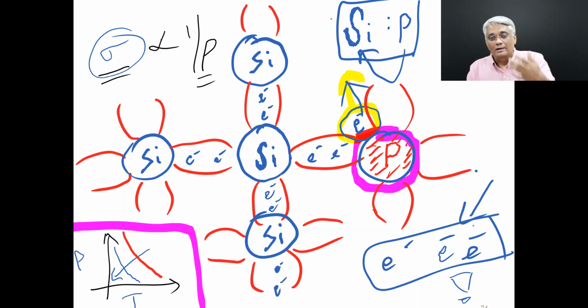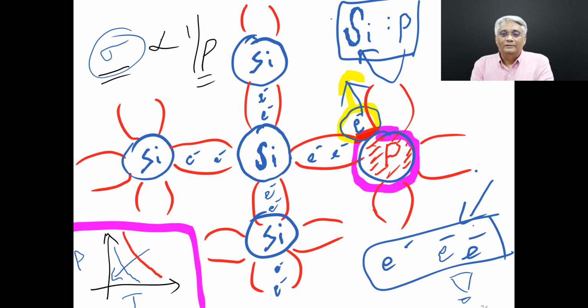That's how when you measure the mobile electron density before doping, before bringing in phosphorus, and after doping, you see a significant increase in the carrier density. This is called the carrier density.